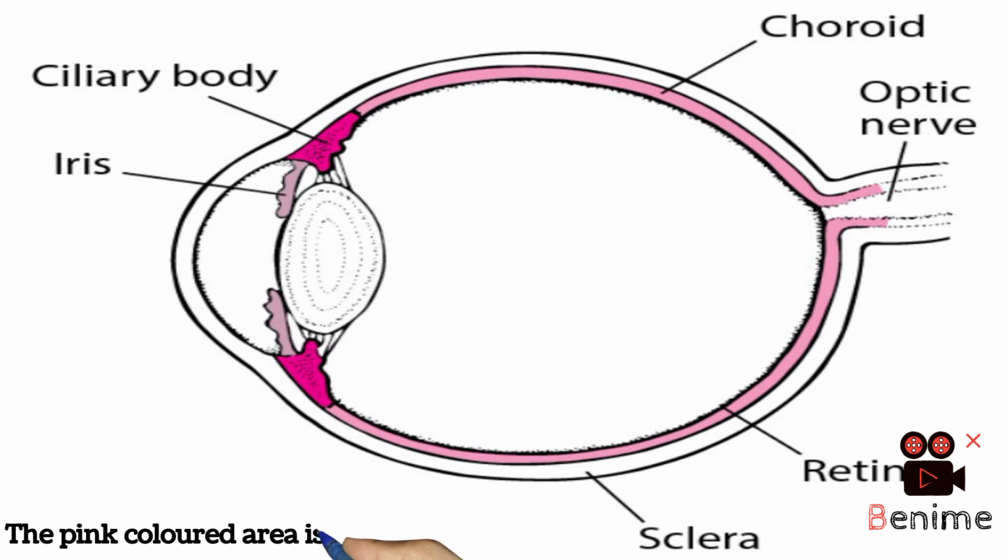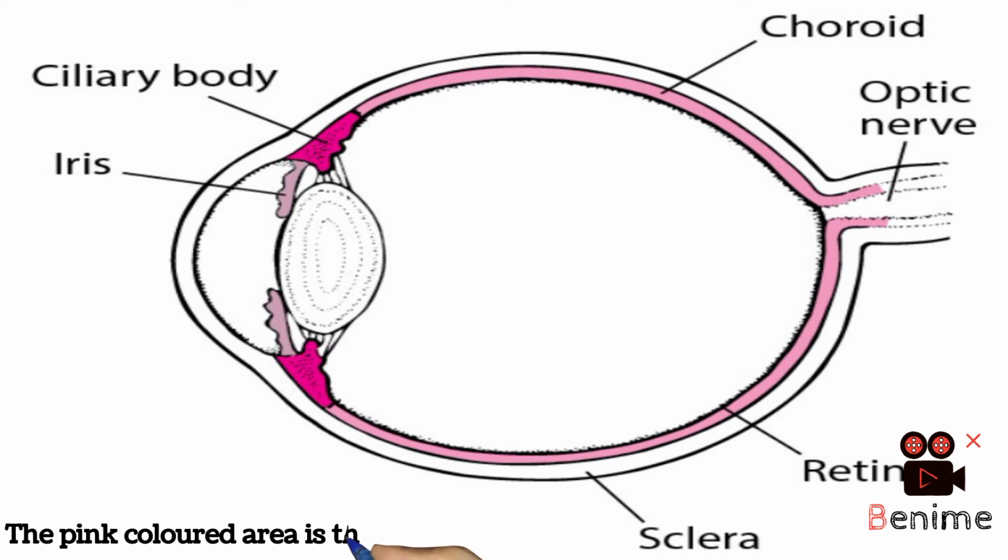Now let's talk about segments of the eye. The eye is divided into two segments, anterior and posterior segments. The anterior segment is the one that is most front, while the one that is most backward is the posterior segment.